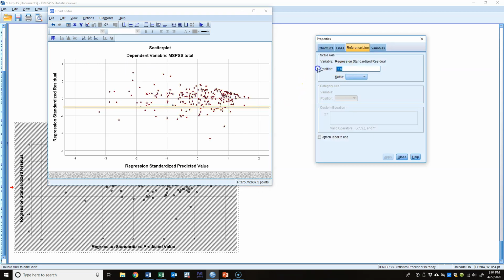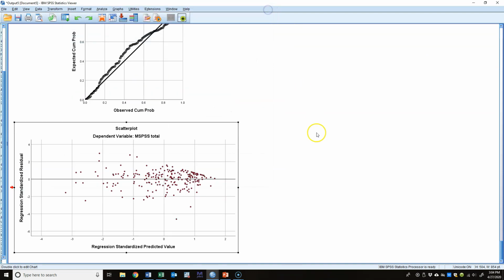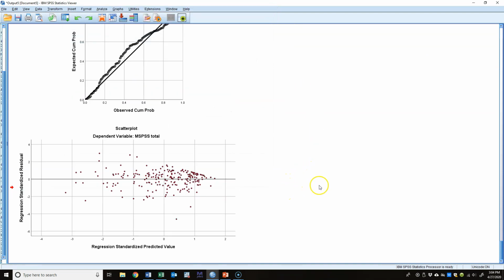I want to reference at 0 because the mean of my residuals by definition is going to be 0. So I'm going to hit apply so I can eyeball this and see that things should be above and below that center line here. So I'm going to drop that. Okay, so what I'm seeing here is I'm not seeing any evidence of nonlinearity in my residuals.